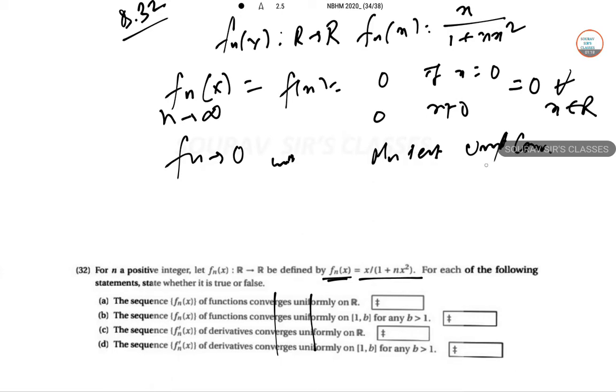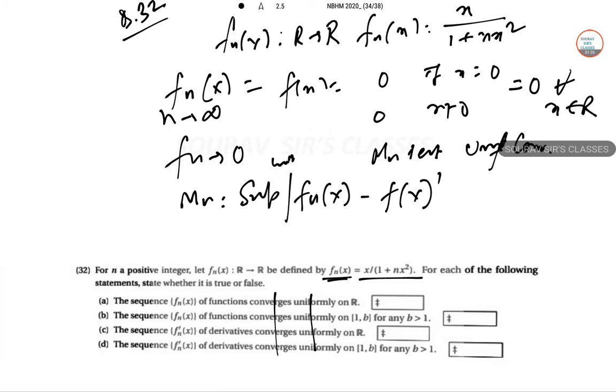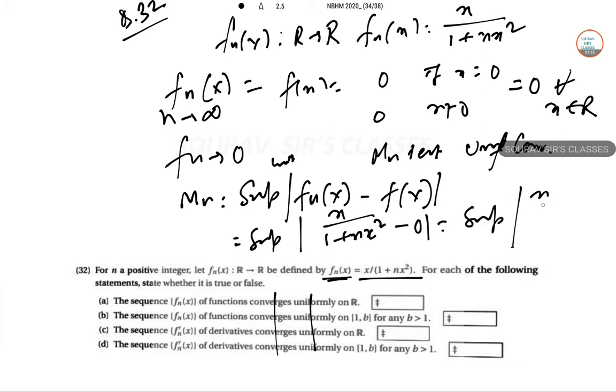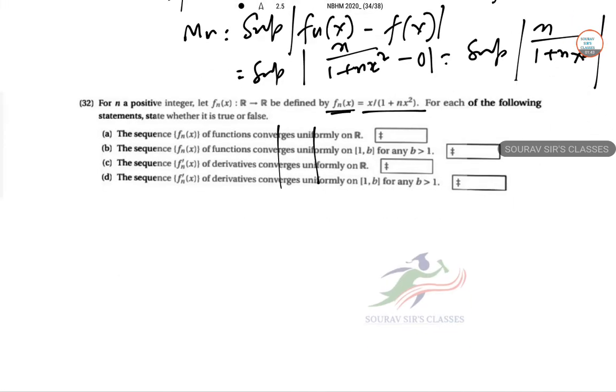So for uniform convergence we can apply this. Mn equals the supremum of |f_n(x) - f(x)|, so the supremum of x/(1 + nx²) minus 0. Now for the supremum we put y_n'(x) equal to 0.